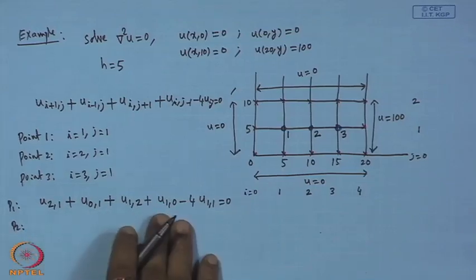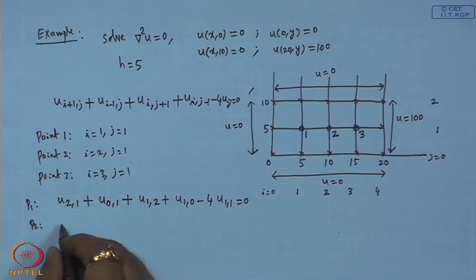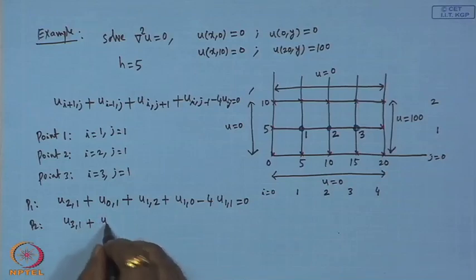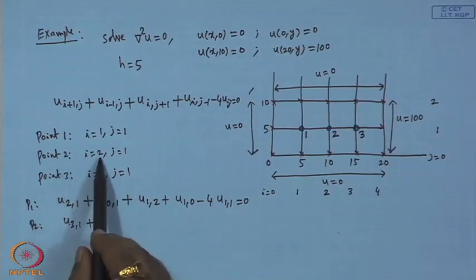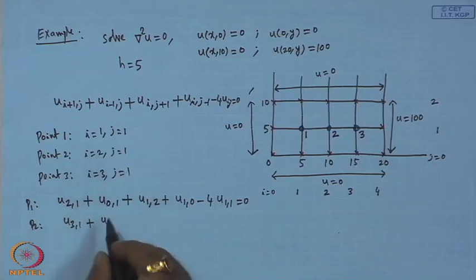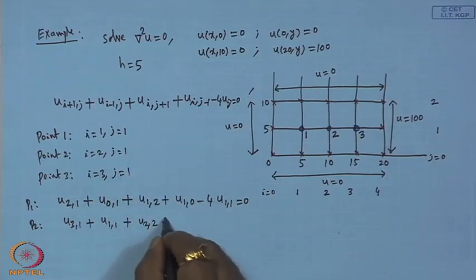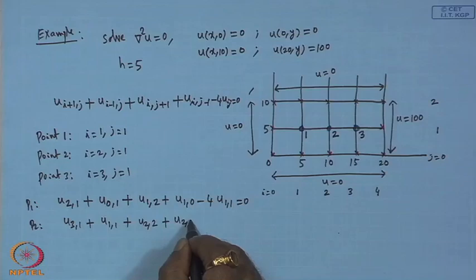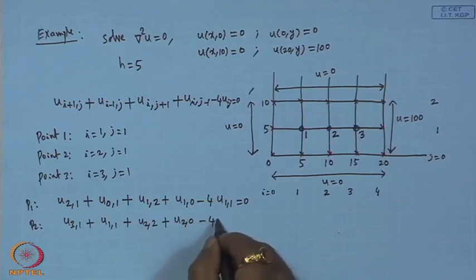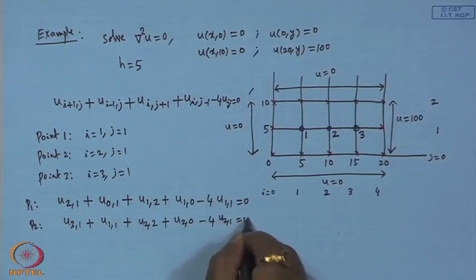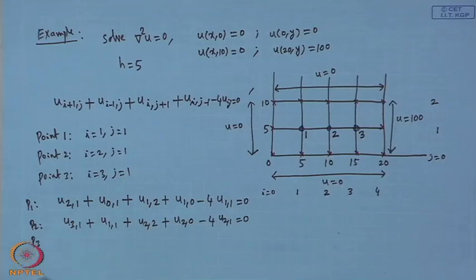So, for P 2 this is u 3 1 plus u, so this is i 2 and j 1, i 2, then this is, okay, and then point 3.